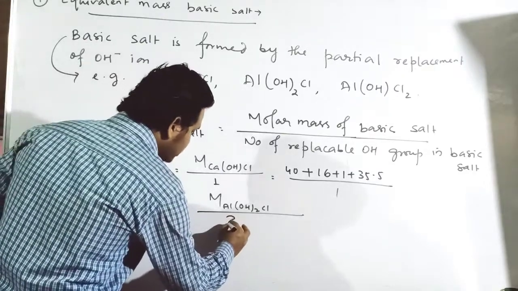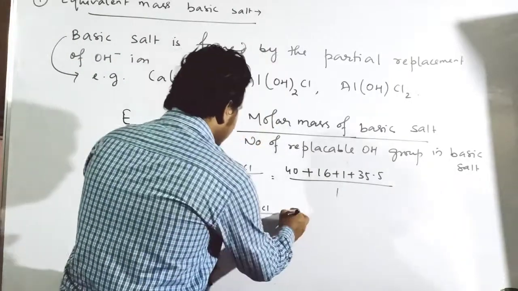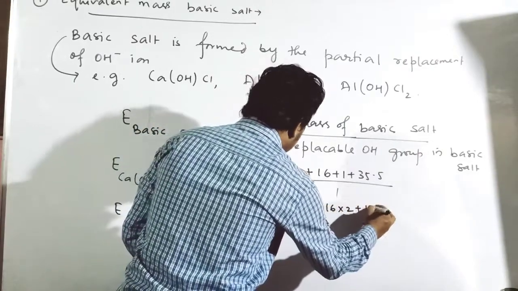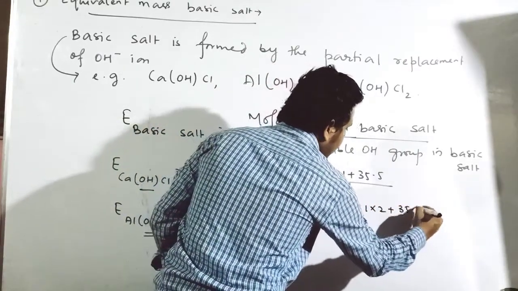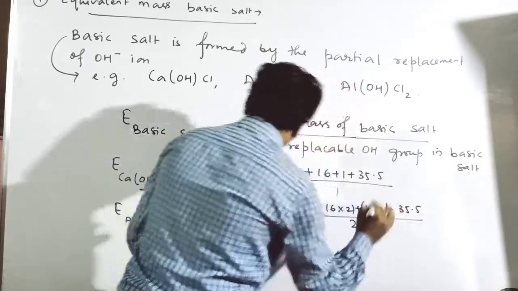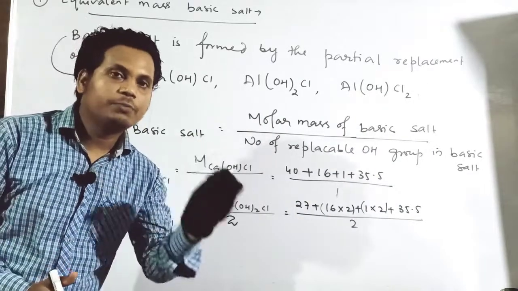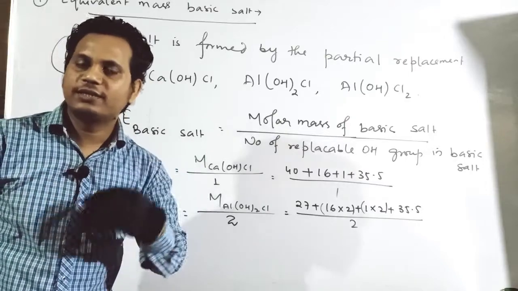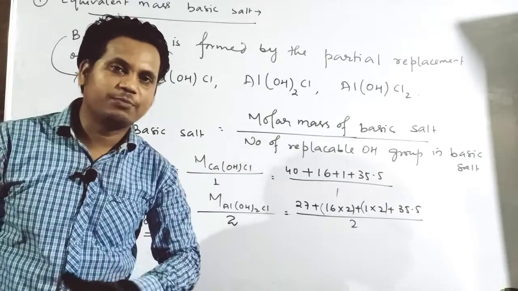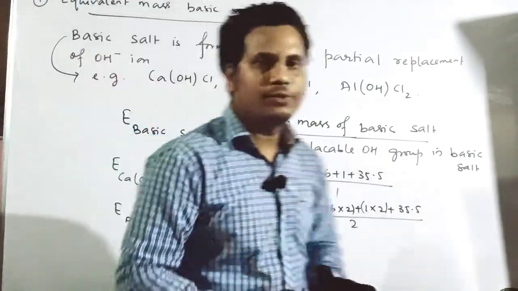So molar mass divided by 2. Molar mass you can find easily: aluminium 27, oxygen 16 2 times, hydrogen 1 2 times, chlorine 35.5, divided by 2. So in this way, for acidic salt, we divide by the number of replaceable hydrogen atoms, and for basic salt, the number of replaceable OH groups.